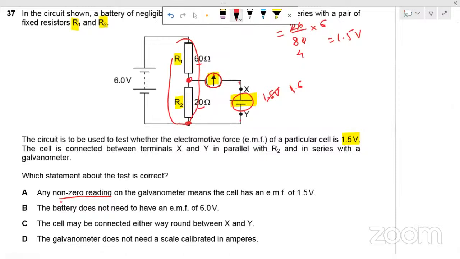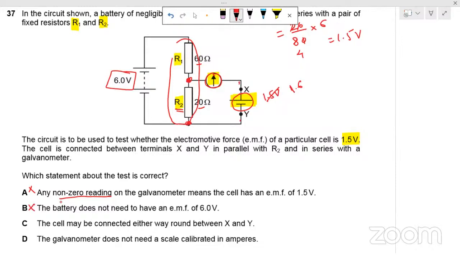So that's why A is incorrect. What about B? The battery doesn't need to have EMF of 6 volt. If this voltage will not be equal to 6 volt, then the potential difference across this R2 will not be equal to 1.5 and this circuit will not be able to test the EMF of 1.5.